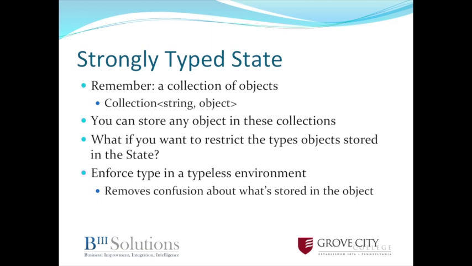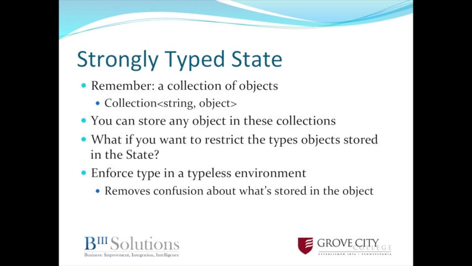This is great when you're putting objects in the state. However, what about when you're getting them back out? This means that you need to cast these objects as the type that they originally were. This can create a lot of work. Also, casting needs null checking, so that can even be more work whenever you're storing lots of different objects in the state management.